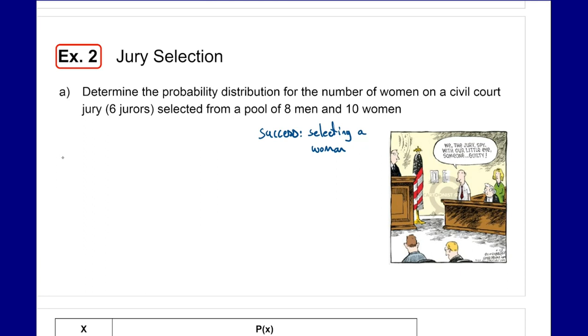So that's going to help us find our other possible values, or at least think about our different combinations or different groups. So if we're going to go to our formula, A is 10, which is the total number of women, or the total number of successes. X is our actual number of successes. So in this case, we could have anywhere from 0, 1, 2, 3, 4, 5, or 6 women, because there are 6 jurors that could be selected. So these are all our possible numbers of women.